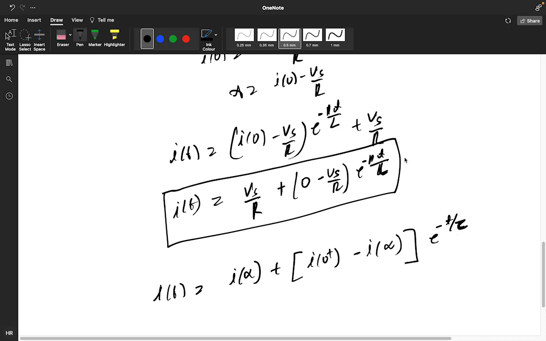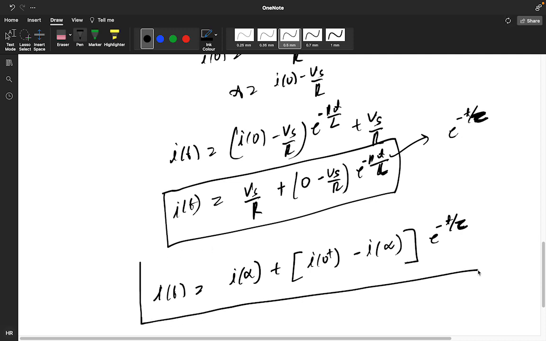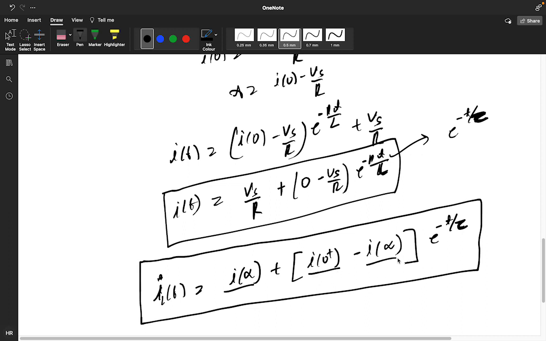These things can be written as e power minus t by tau. So we are getting the overall inductor current formula.